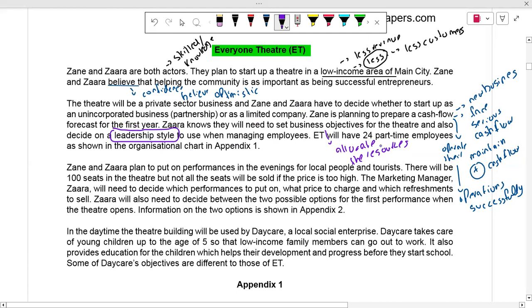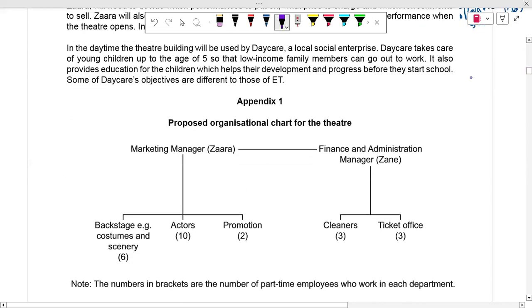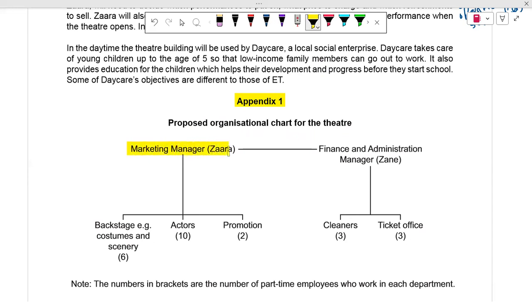ED will have 24 part-time employees as shown in the organizational chart in Appendix 1. Okay. So first of all, we should discuss Appendix 1. So this is Appendix 1, as you can see. The proposed organizational structure chart for the theater. So the marketing manager is basically Zara.